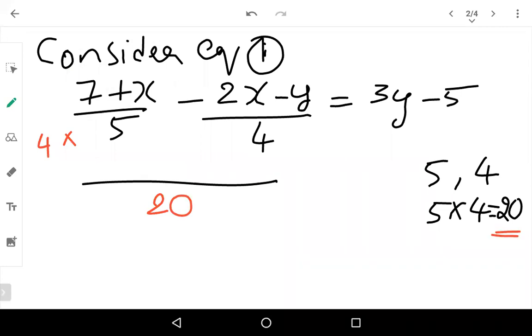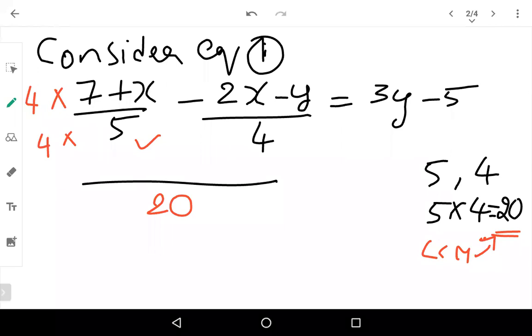So this first part of the equation, I am going to multiply by 4 in the denominator as well as in the numerator. Did you all understand the first part? Since the LCM we are supposed to get is 20, we multiply 4, because 5 is already existing. 5 fours are 20 in the denominator, so the same 4 I am multiplying in the numerator also.